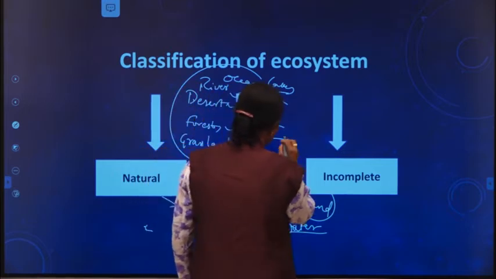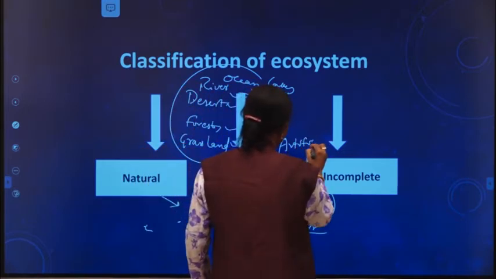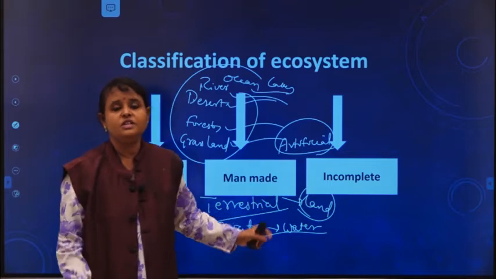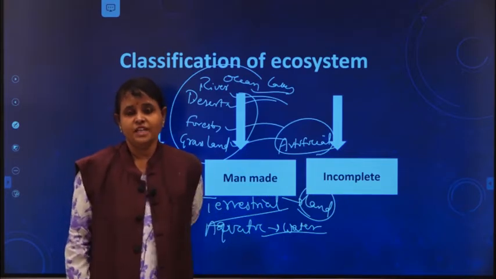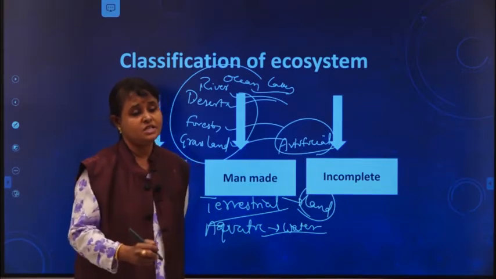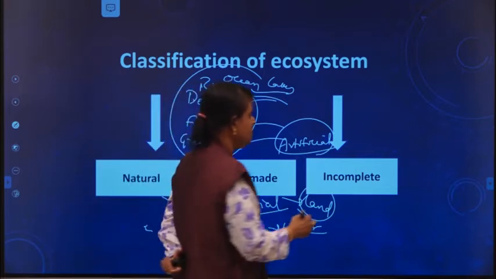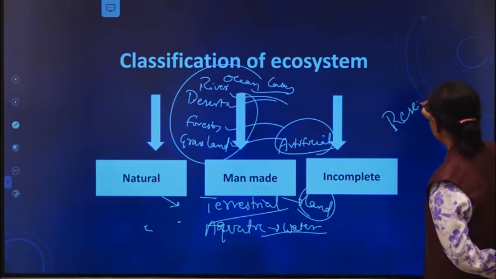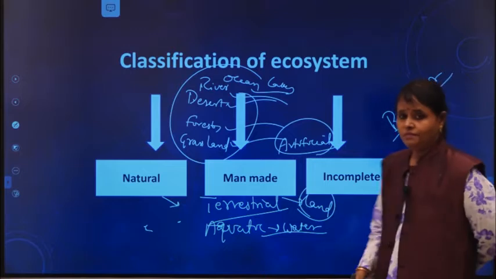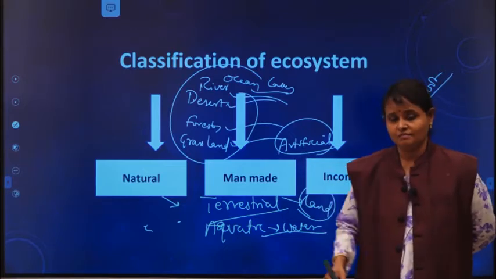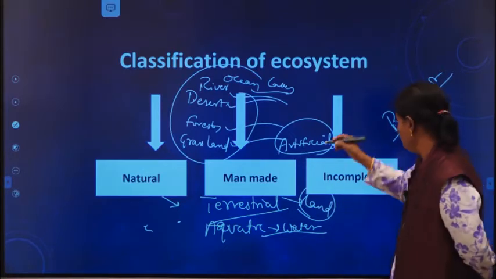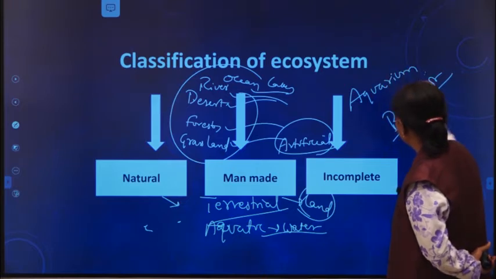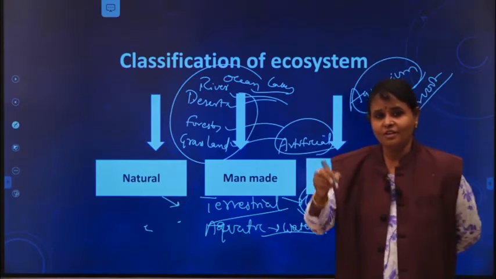Man-made ecosystem. I gave some examples. Artificial ecosystem, which is formed with interference of man. Can you give some examples for this man-made ecosystem? Reservoir, which is made by man. It's a man-made ecosystem. Can you give other example? Aquarium.